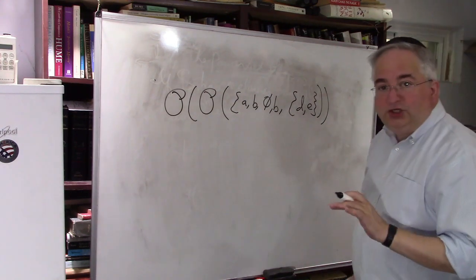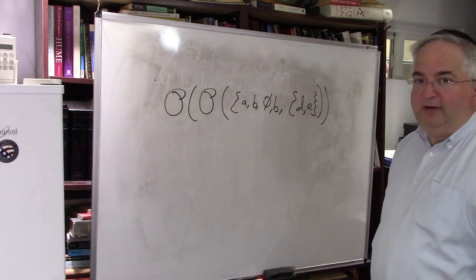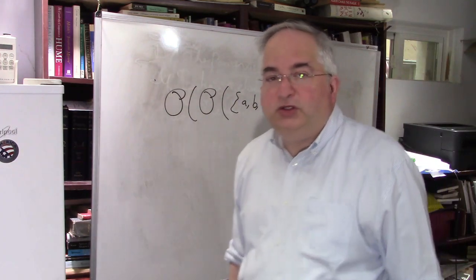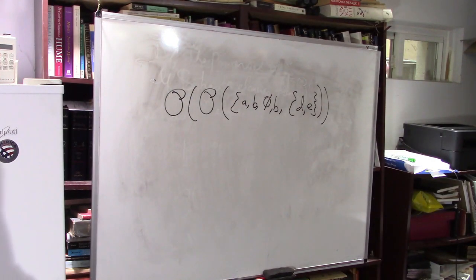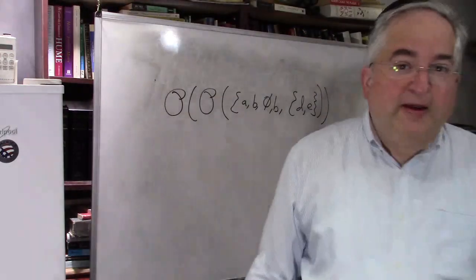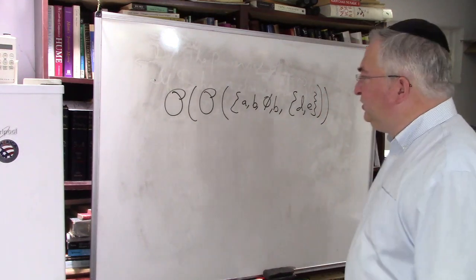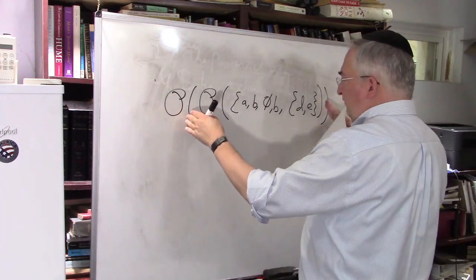Okay. Question: how many elements does this set have? Whenever you deal with something within math, with number of elements, you always evaluate what's inside the parentheses first. So we're going to evaluate that.